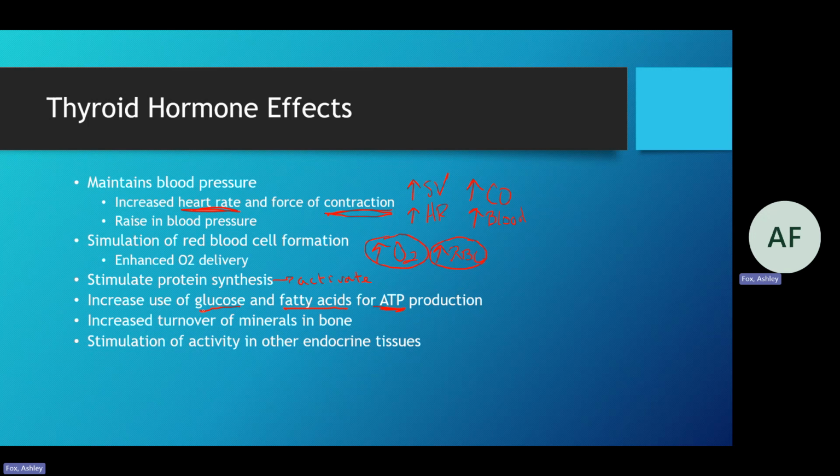So you increase your use of blood sugar, your glucose, and fatty acids. You can also increase the turnover of minerals in the bone, so it can increase remodeling of the bone. And it can also have an impact on other endocrine organs as well.